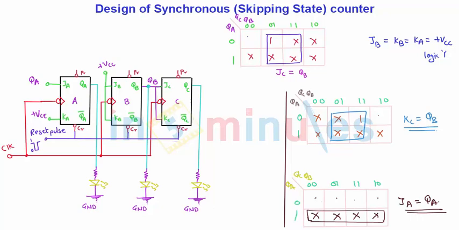So there are 3 resistors connected in series with the LED, and this is QC, this is QB, and this one is QA, along with the resistors R in series. So the current limiting resistor R is there, and this will show you the respective outputs. This is all about the synchronous or the skipping state counter.